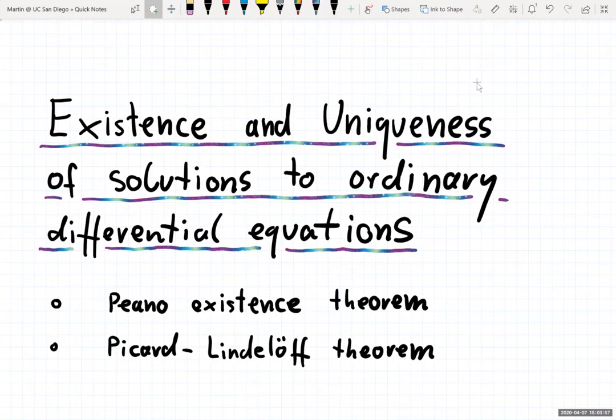And the Picard-Lindelöf theorem has a bit stronger requirements on the ordinary differential equation, but if those requirements are met, then we can actually establish the existence of a unique solution.